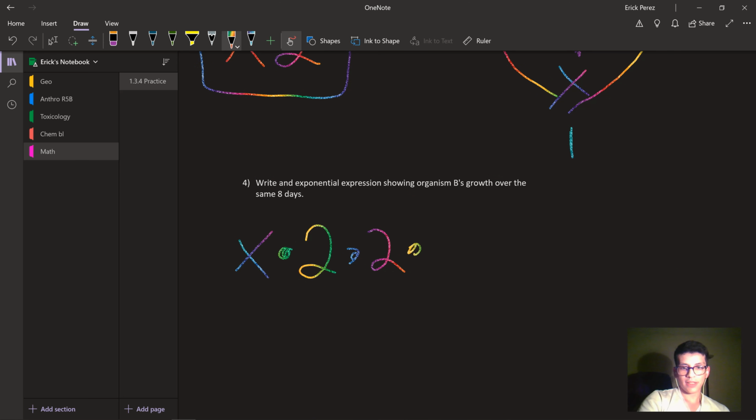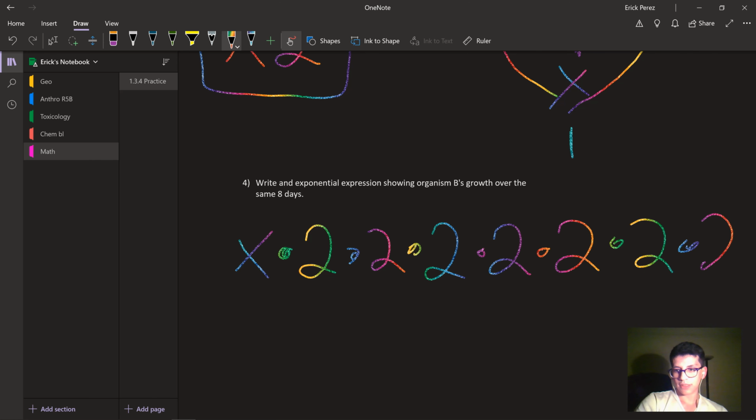After the third day, doubles in size, and the fourth day doubles, fifth day doubles, sixth day doubles, seventh day doubles, all the way down to the 8th day to another 2 over there. See that? So again, we just count up those 2's.